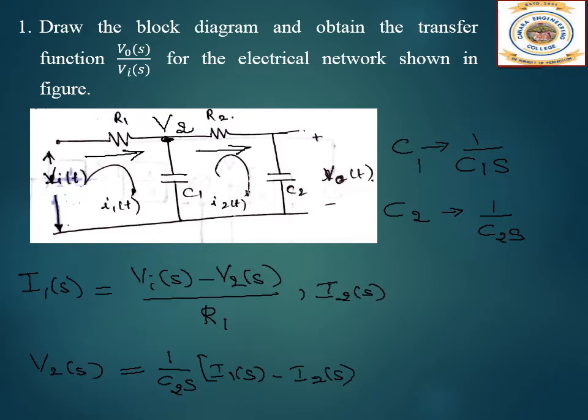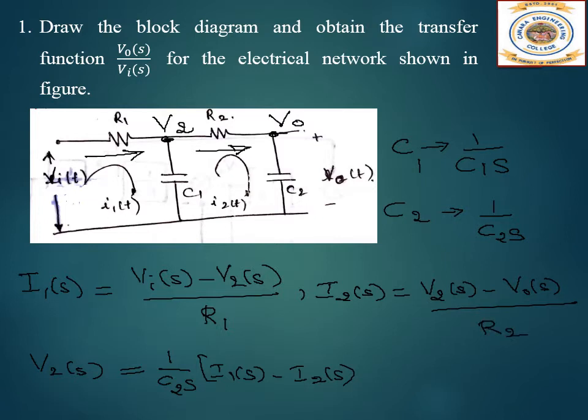I2 of S is flowing through this resistor R2. And what is the voltage at this point? It is V0. So I can write I2 of S equal to V2 of S minus V0 of S divided by R2. This is equation 3.